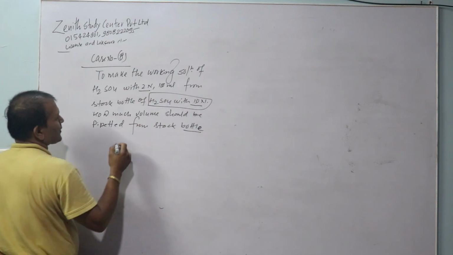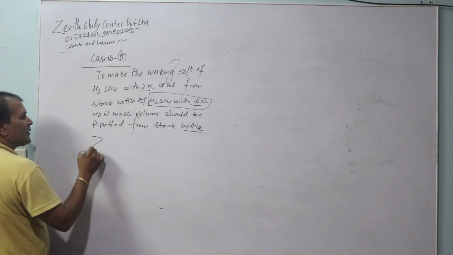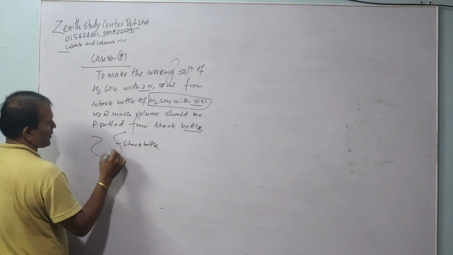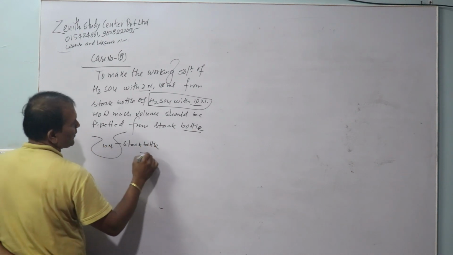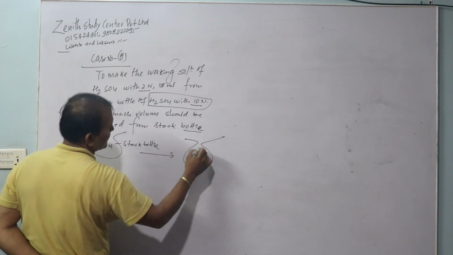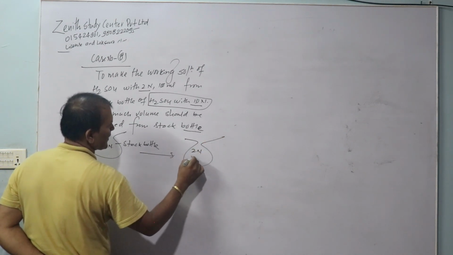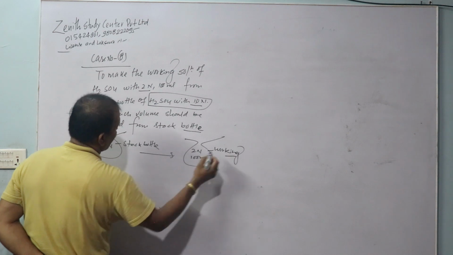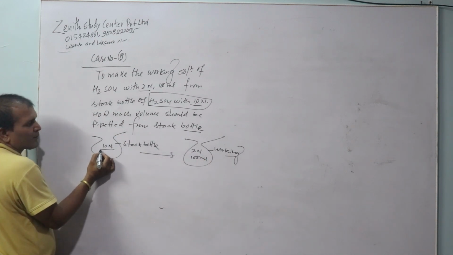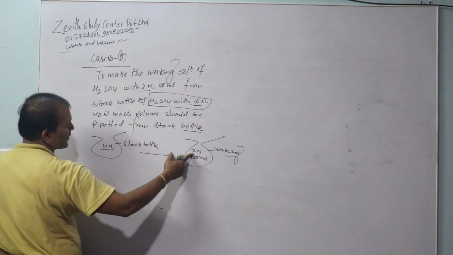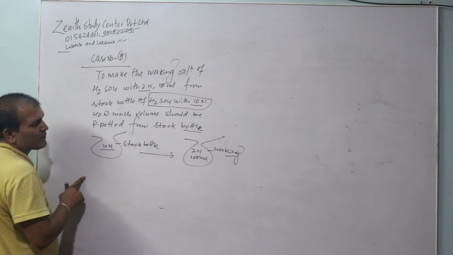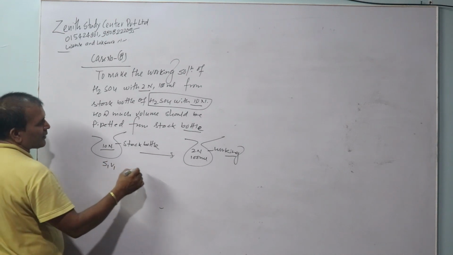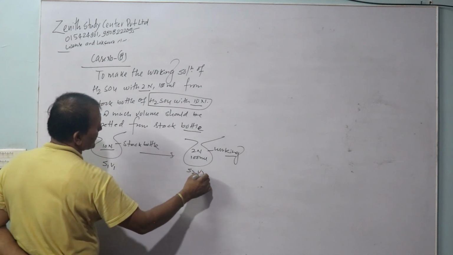Here the stock bottle is 10 normal. We have to make a working solution of 2 normal, 100 ml. It means that we have to convert 10 normal to 2 normal. So we can use the dilution formula or titration equation, S1 V1 equals S2 V2.